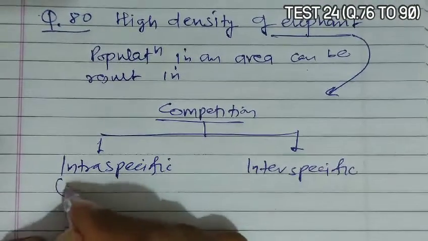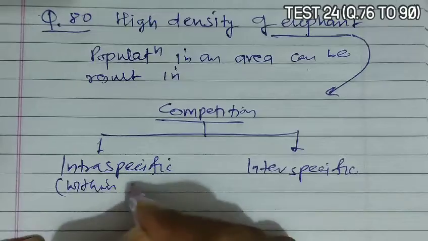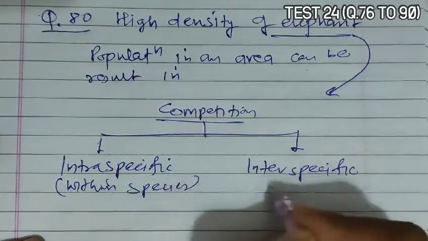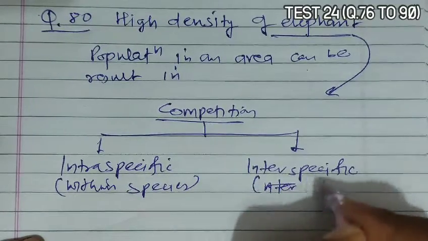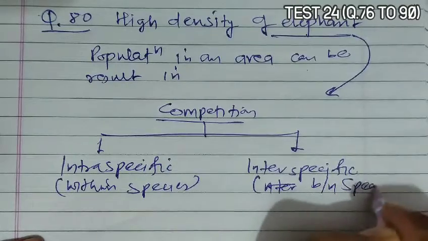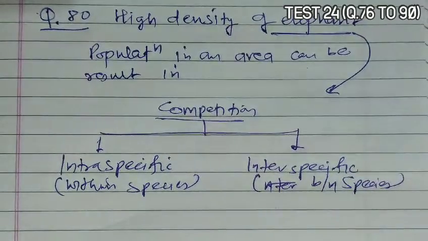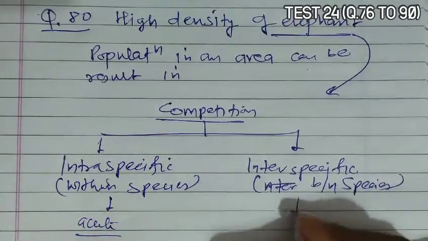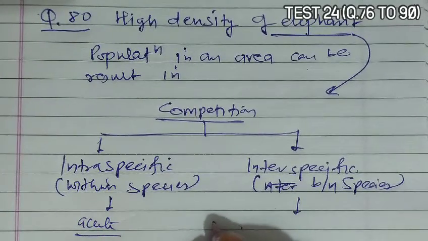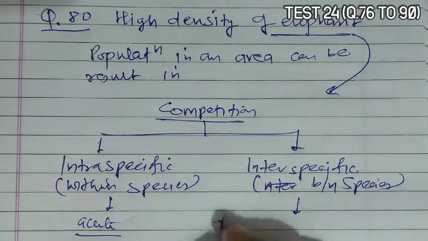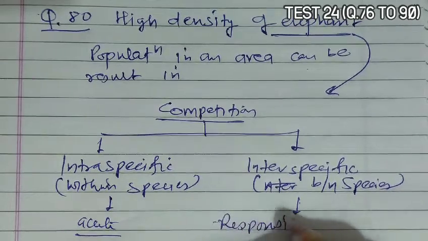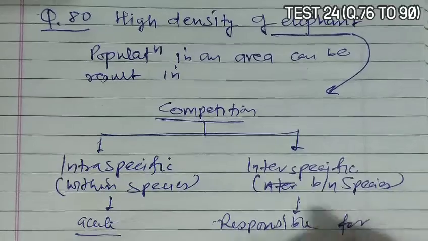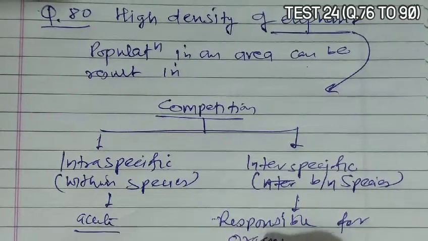Intraspecific is within a species, and interspecific means between two different species. Interspecific competition is responsible for organic evolution.